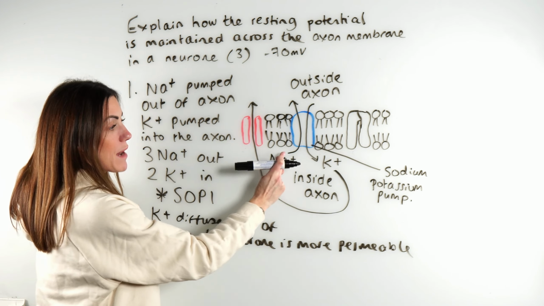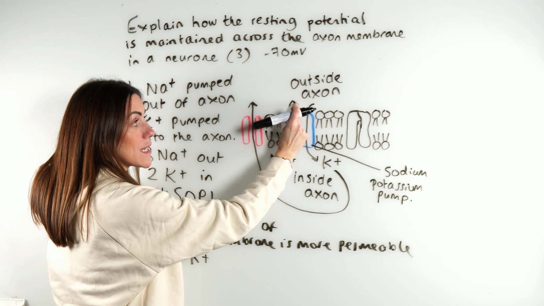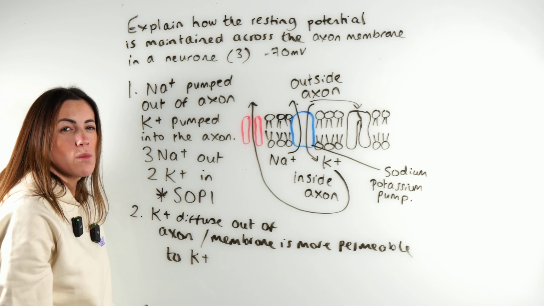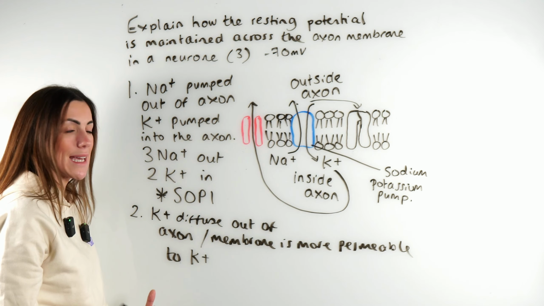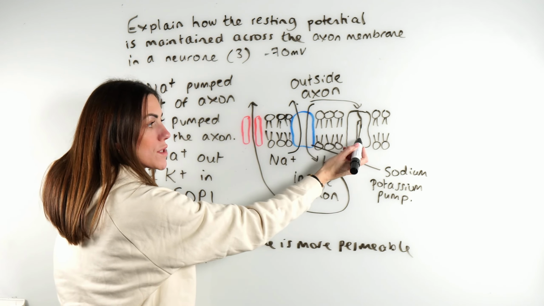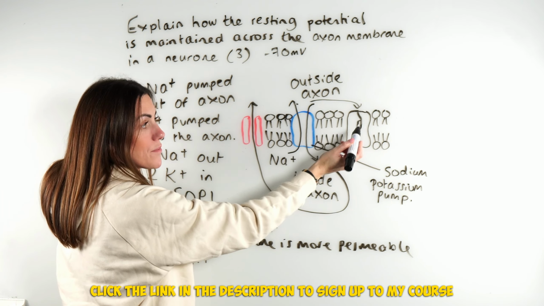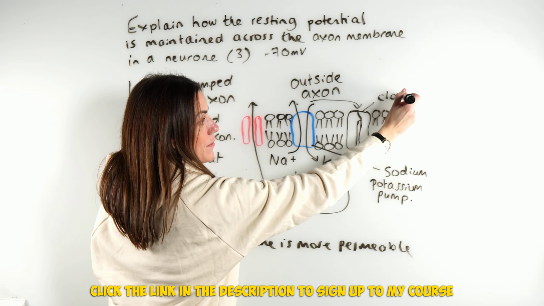Now, what about the sodium ions? The sodium ions got pumped out. Can they diffuse back in? Well, some of them might diffuse back in, but most of the sodium ion channels are closed, as you can see here.